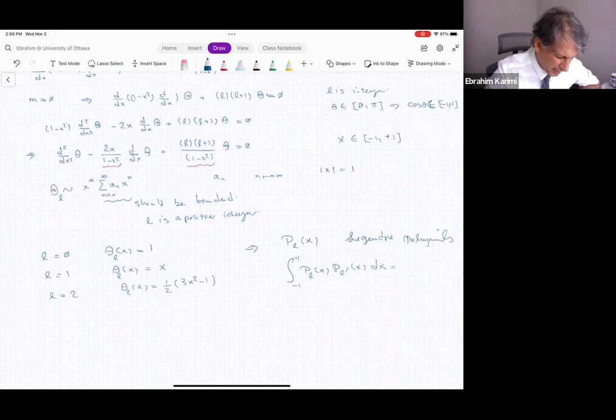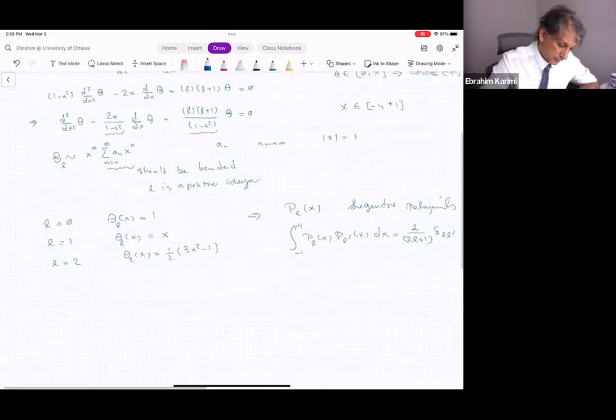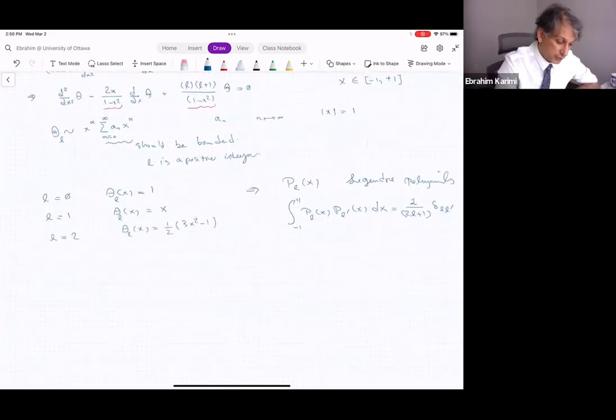I think it was 2 divided by 2L plus 1, times delta of L L'. But definitely we can prove that they are orthogonal from the differential equation, because it is some form of a Sturm-Liouville differential equation. So let's try with that.